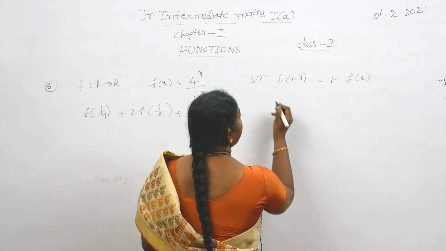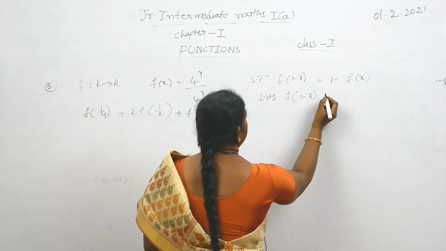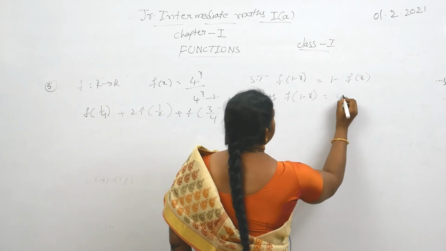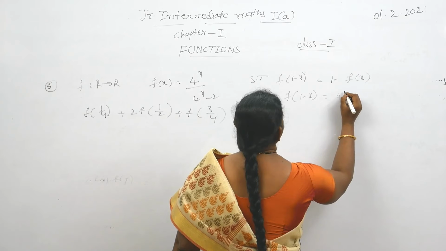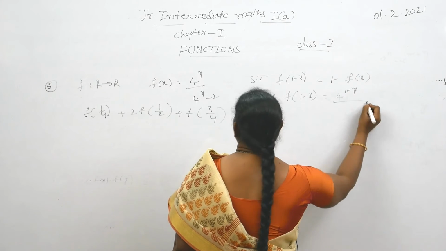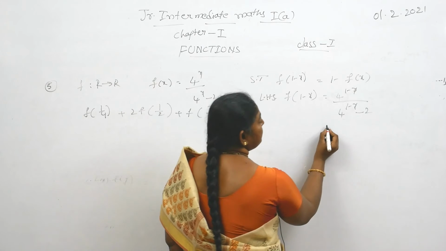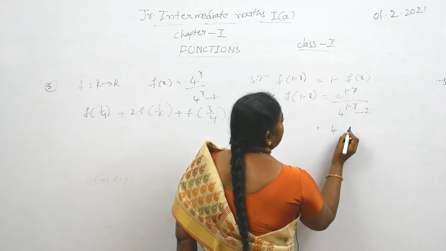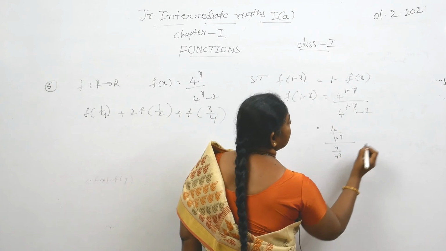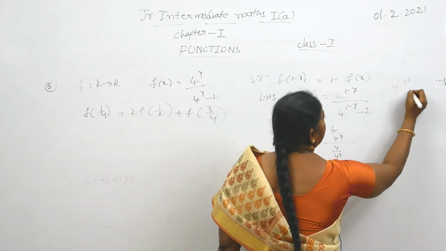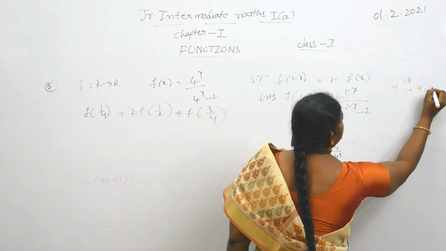So first take LHS, f of 1 minus x equal to, substitute 1 minus x in place of x. So 4 power 1 minus x by 4 power 1 minus x minus 2. Here 4 power 1 minus x equal to 4 into 4 power minus x.